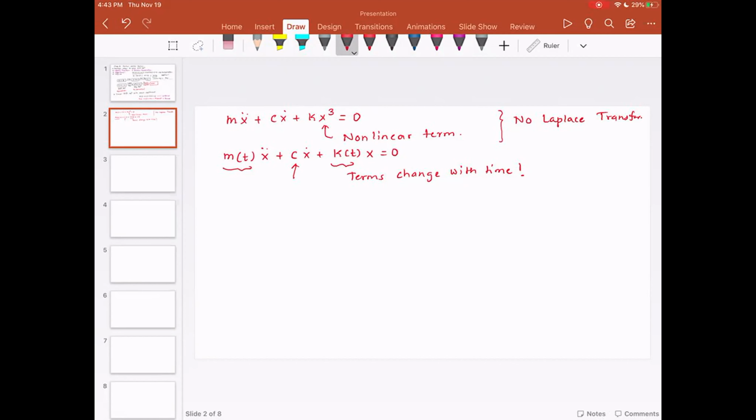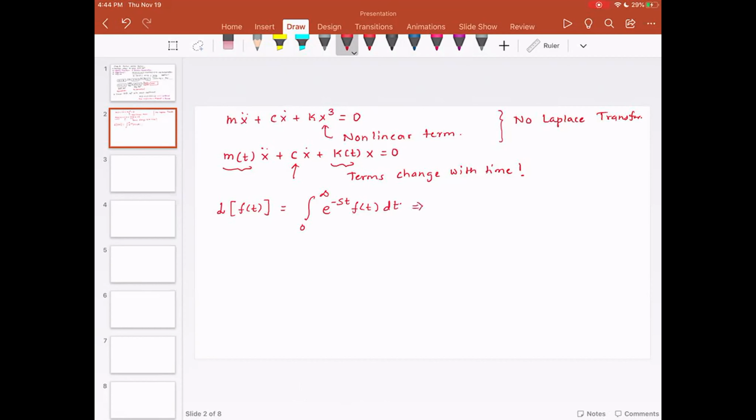So at this point, let me give you the definition of Laplace transform. Laplace transform of f of t is given as integration from 0 to infinity of e to the minus s t f of t dt.